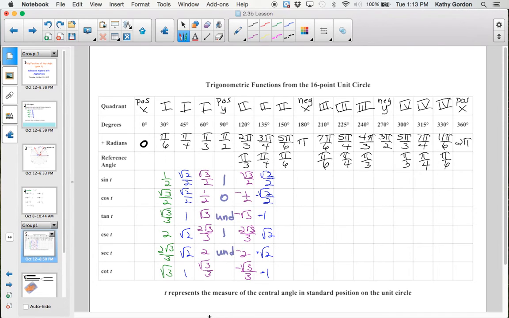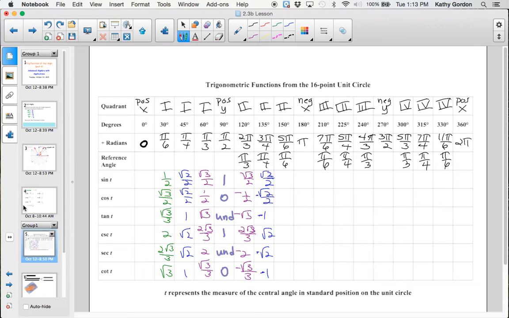Because if you go back to that x over y ratio, putting 0 over 1 works. So we don't want to rely on the fact of, well, if that was undefined, my reciprocal must be undefined. We have to go back to the ratio itself. X over y would be 0 over 1. That would be 0. So that's what the trig for pi over 2 looks like.